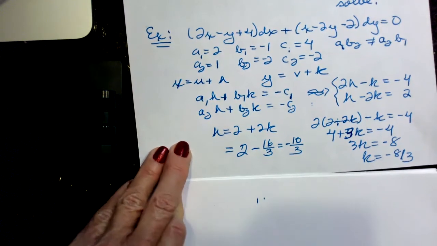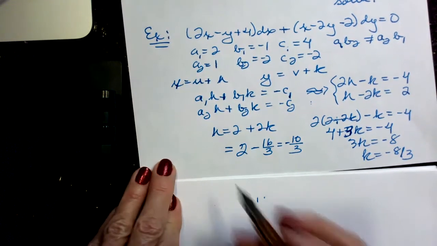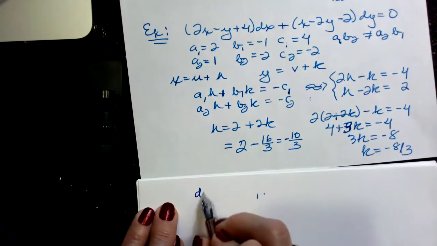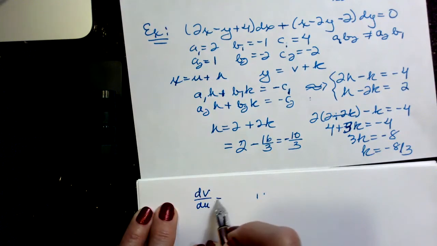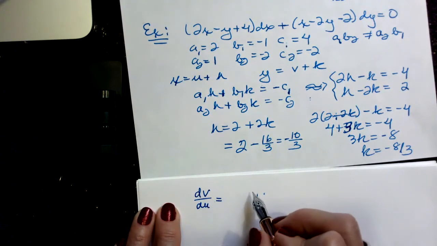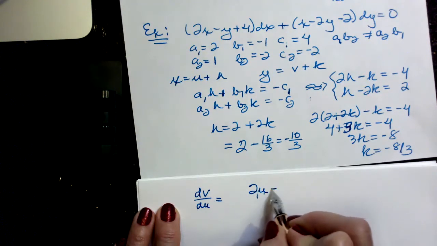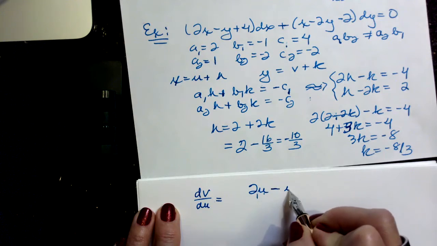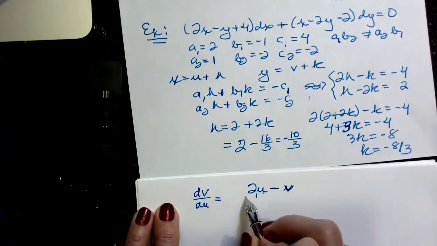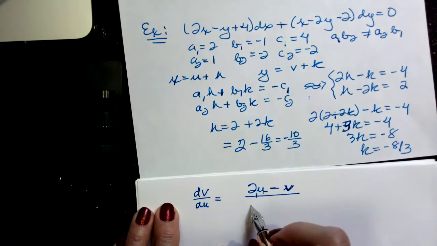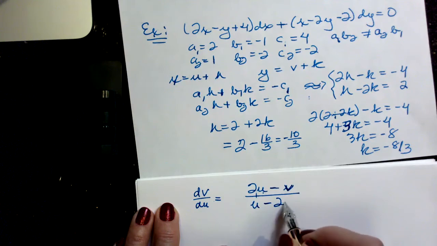And so we get that our equation is dv over du is equal to 2u minus v divided by u minus 2v.